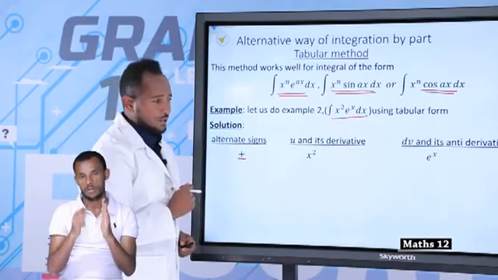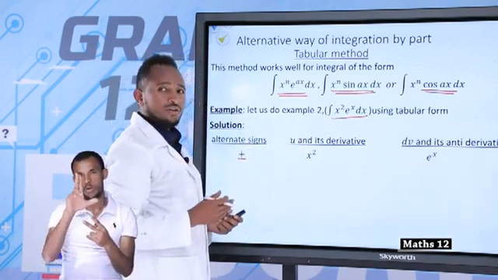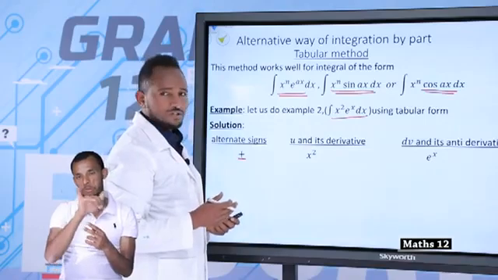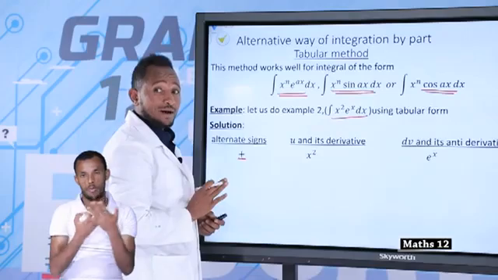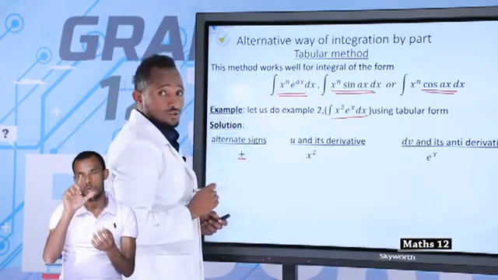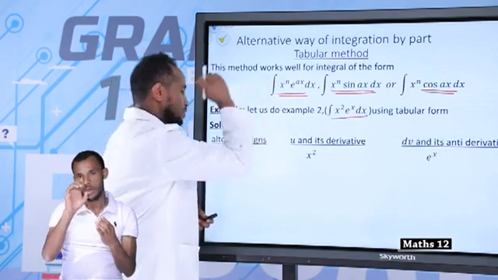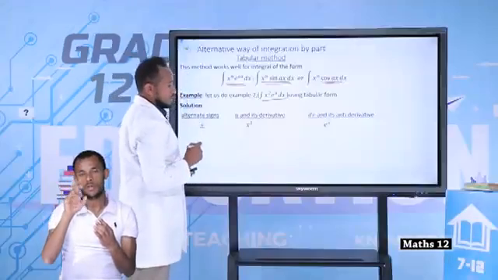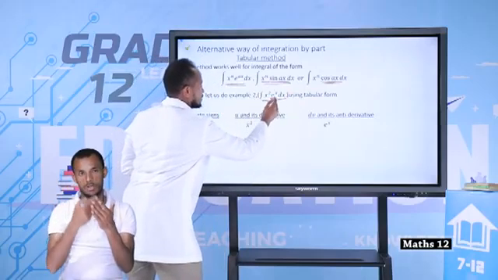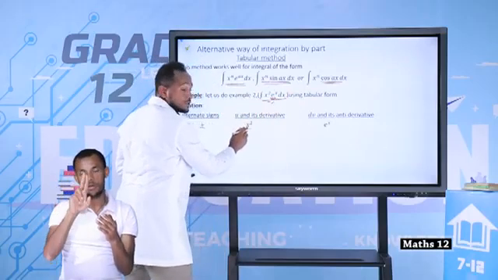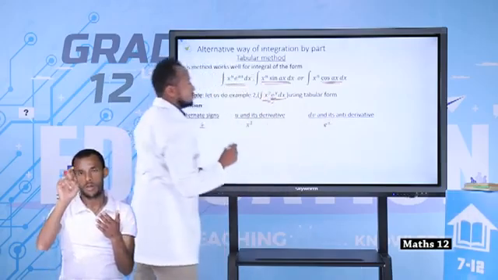The selection of u and dv is similar to the previous. We said for this form, u is the polynomial part and e raised to x will be the dv part. So u will be x squared here, and e raised to x will be dv.